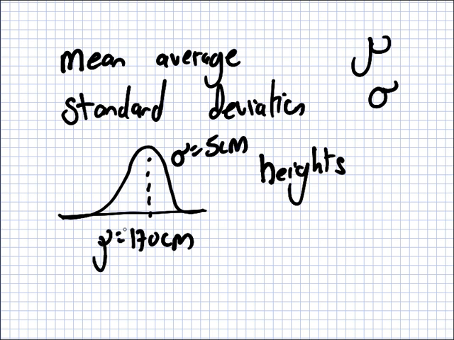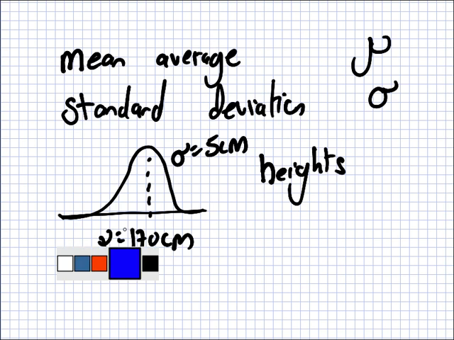What can you say about the heights? Is everybody 170? No. Average is 170. What about the 5? What does the 5 mean? So you could say most, but not everyone, most people are between 165 and 175. Yes?